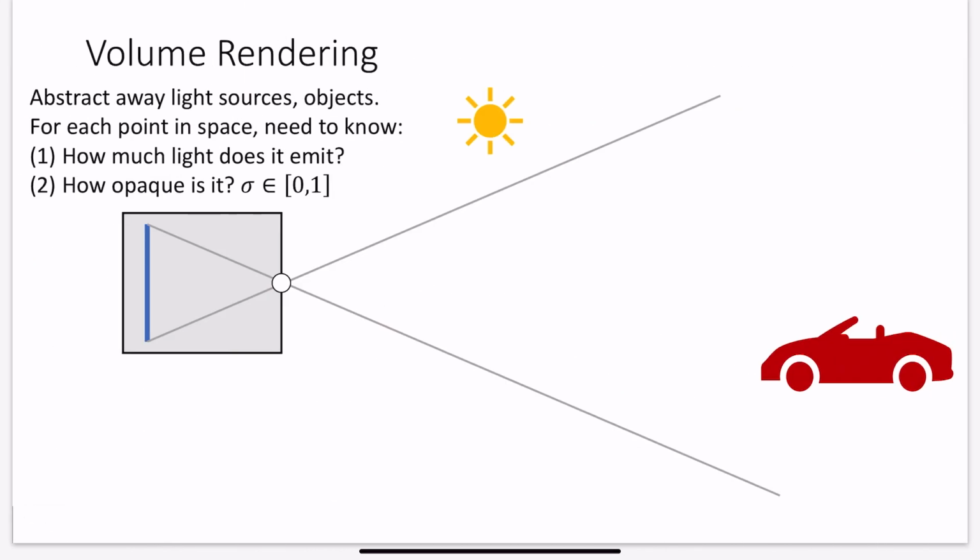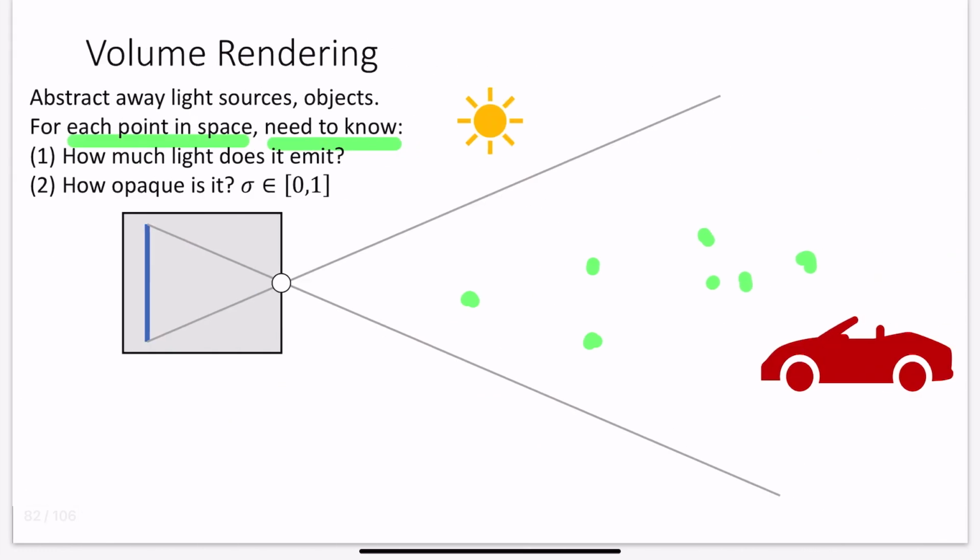In volume rendering, which is a key idea or key module in your NeRF model, we abstract away the light source and object for each point in the space. For each point in the space, the model needs to capture such a situation.